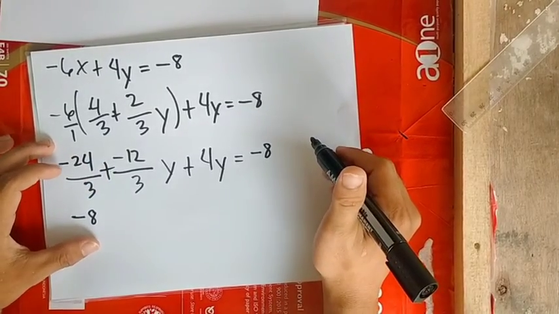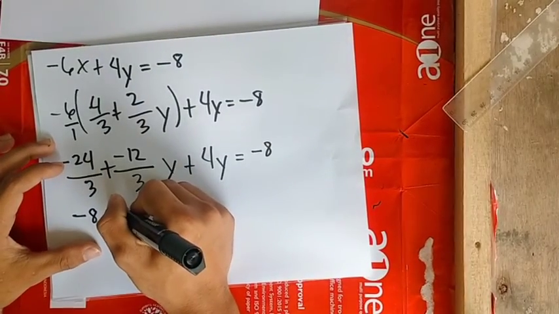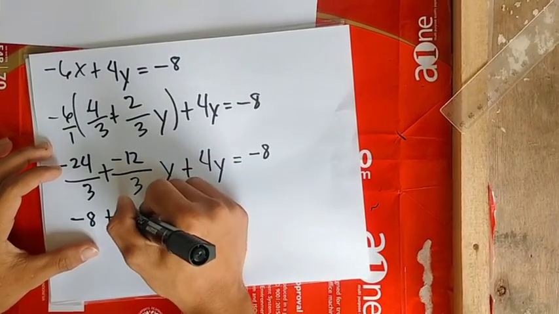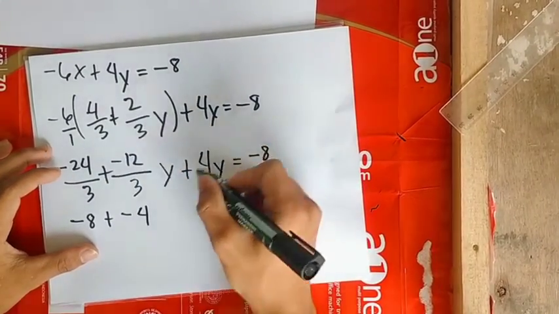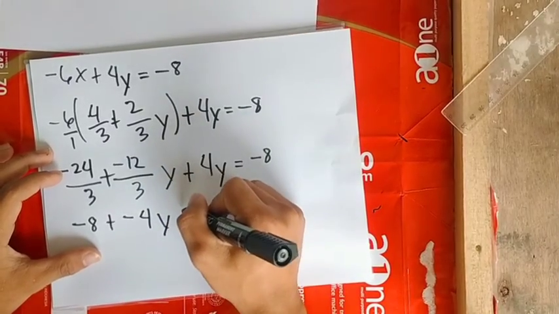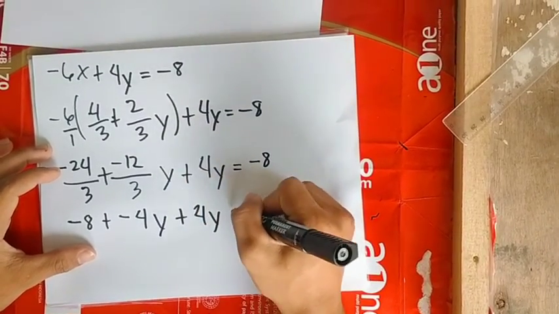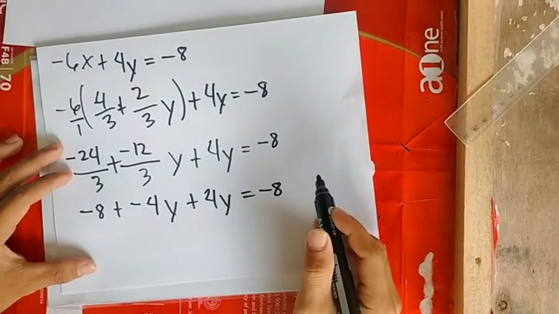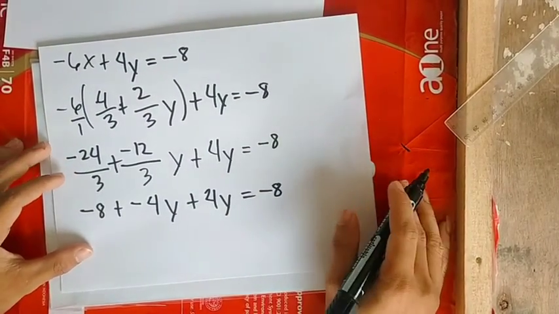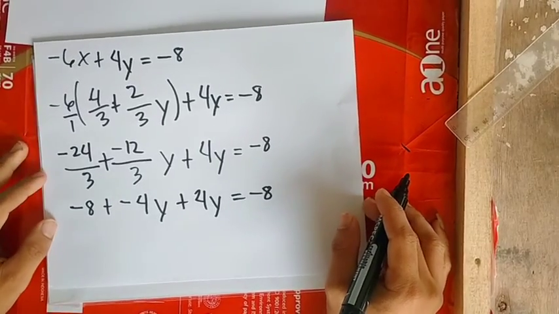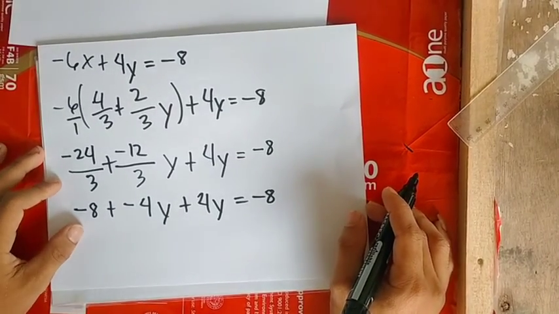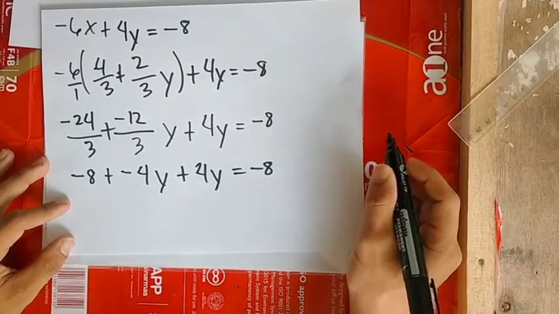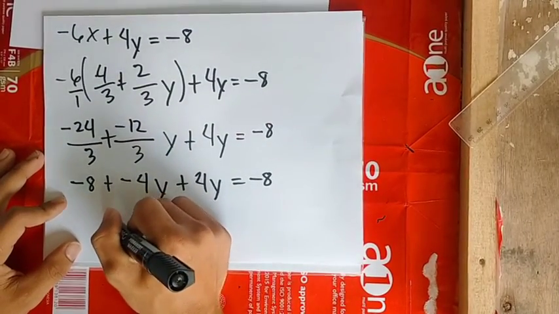Then negative 12 divided by 3 is equal to negative 4, plus 4y equals negative 8. Then next is to add the negative 4y plus 4y, so it will result as negative 8.